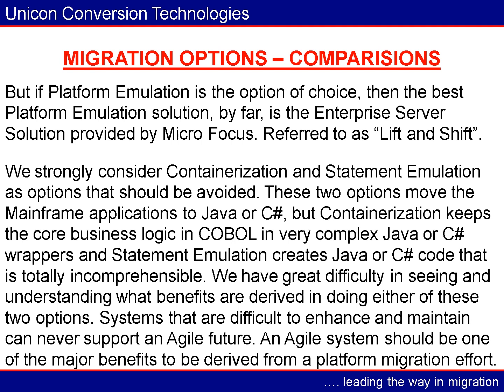We have great difficulty in seeing and understanding what benefits are derived from doing either of these two options. Systems that are difficult to enhance and maintain can never support an agile future. An agile system should be one of the major benefits to be derived from a platform migration effort.